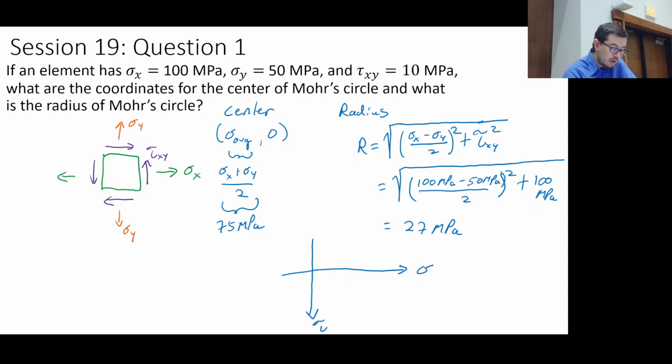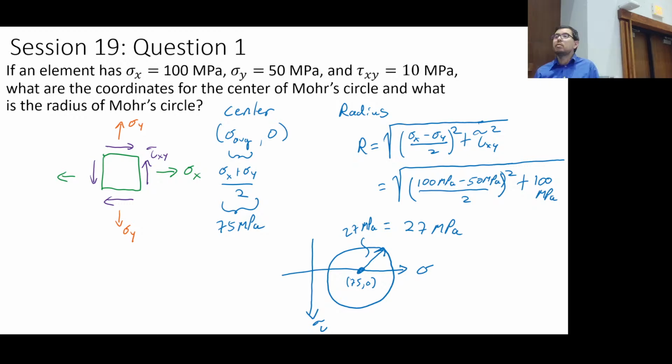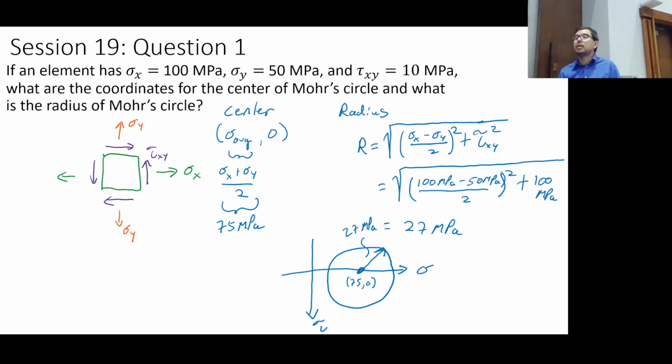I draw a center here, which we'll call 75, 0, and I can draw a radius. It doesn't really matter right now where I put that radial vector. So that's the basic idea.